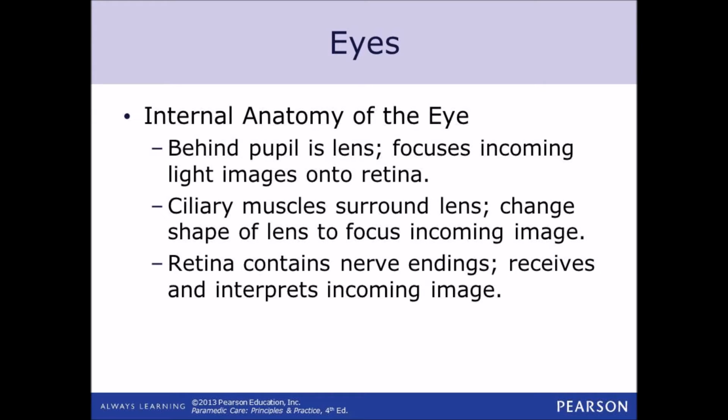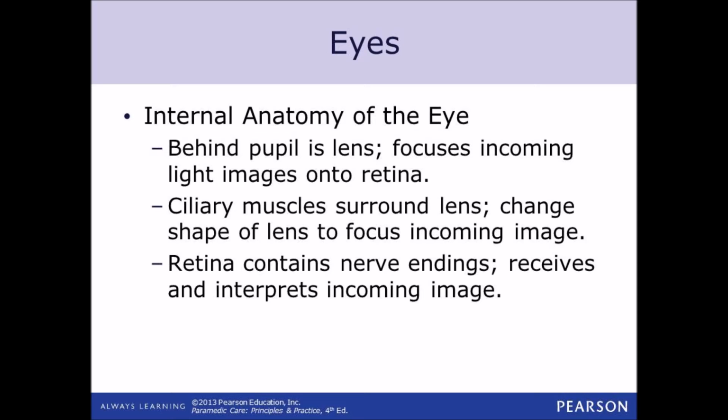When we start looking behind the pupil, that's where the lens is again, and it will focus and the muscles will pull it based on the trajectory of the light coming in and what we're looking for, distance or close, how far away it is, and how much light is coming in. And it's going to bend that lens to focus that light on the posterior aspect of the eye, which is the retina in the back.